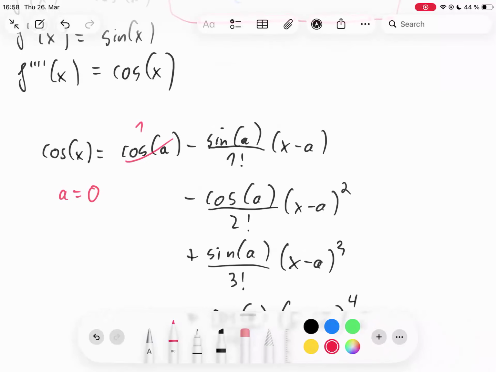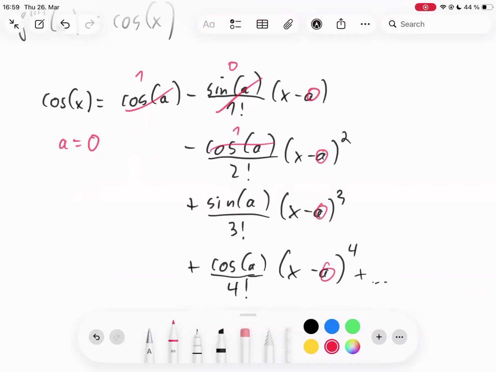The sine of a becomes 0, so the whole thing disappears. Cosine of, so this one here becomes 1. We divide it by 2 factorial. This becomes all zeros.